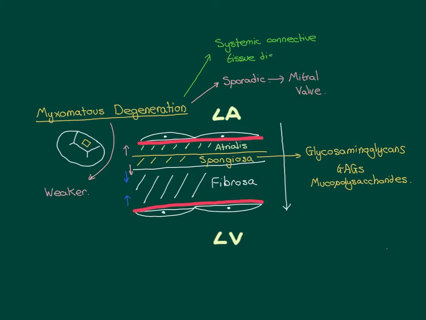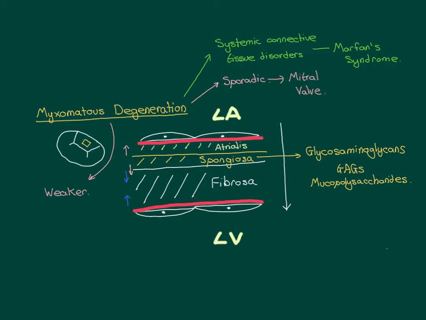And the big one that I'm going to talk about is Marfan Syndrome, a very famous systemic connective tissue disorder that leads to symptoms all over the body, because connective tissue all over the body has got problems.